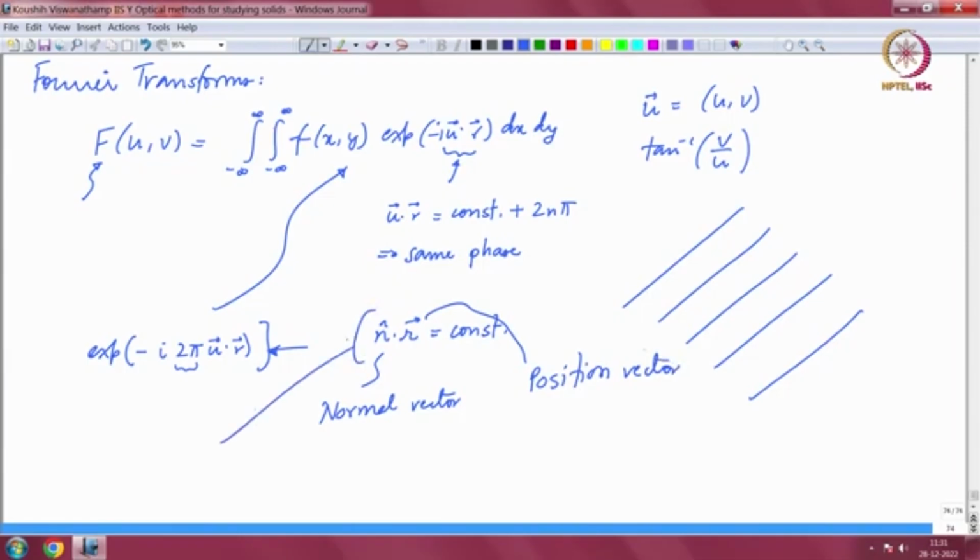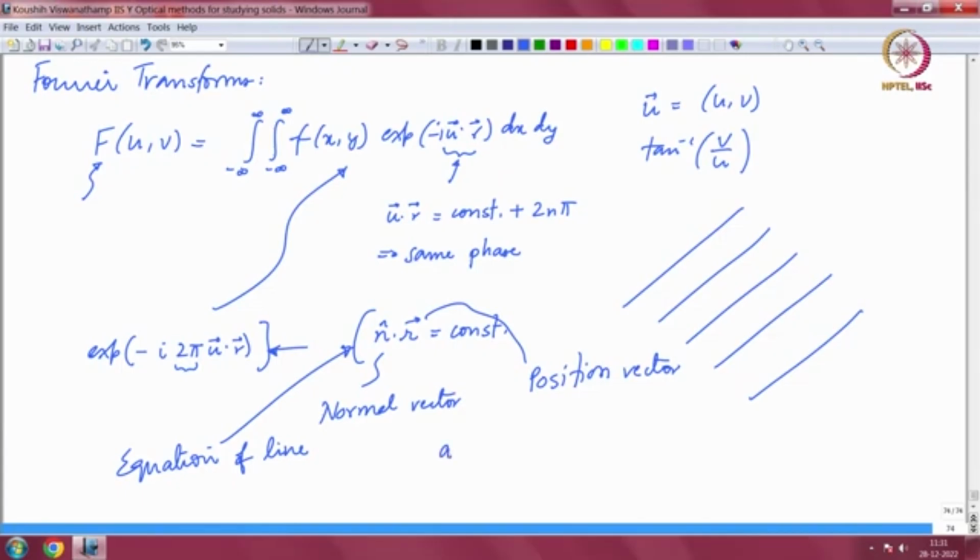The constant determines how far from the origin the line is. If the constant is equal to 0, the line passes through the origin. If the constant is positive, it passes through the top right quadrant, and so on.